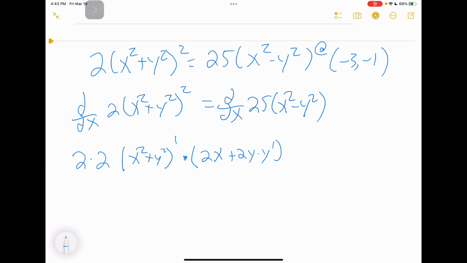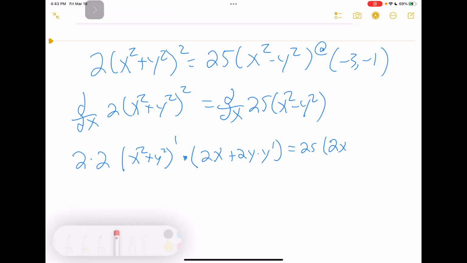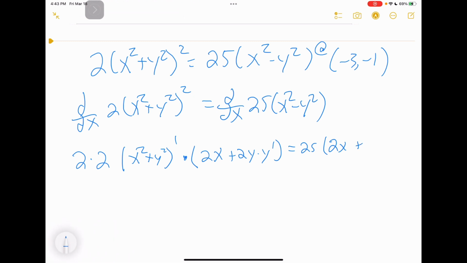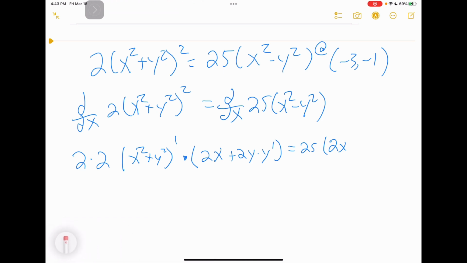And then on the right side, we're going to have 25 times the derivative of x squared, which is 2x, minus the derivative of y squared, which is 2y y prime.